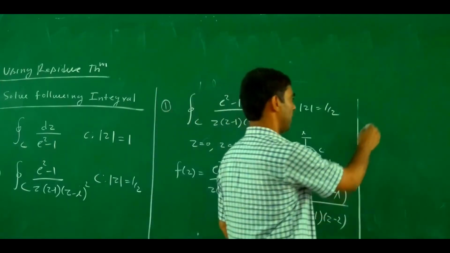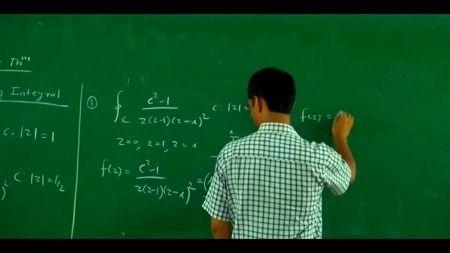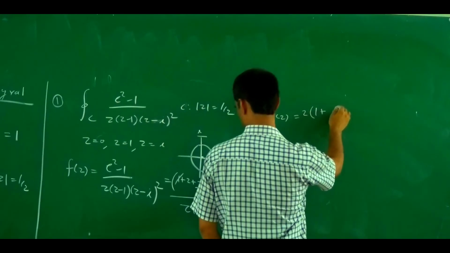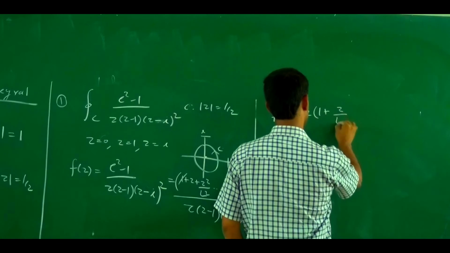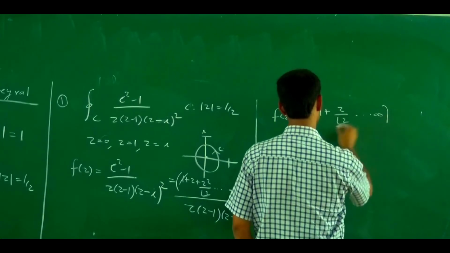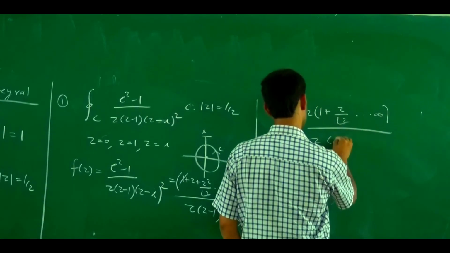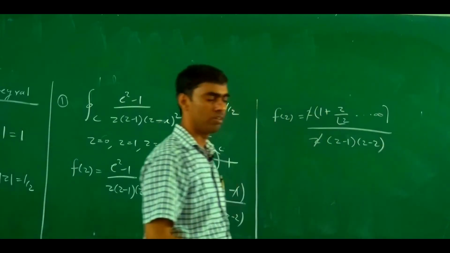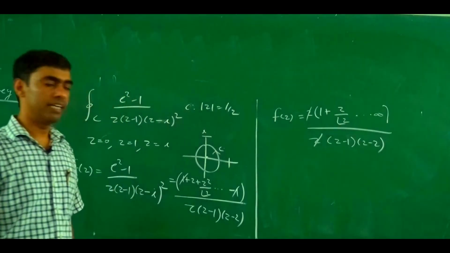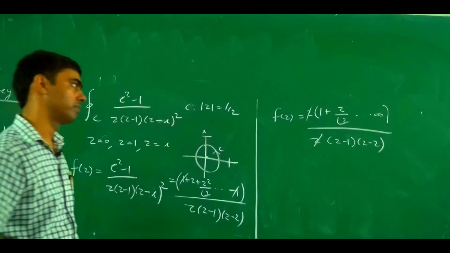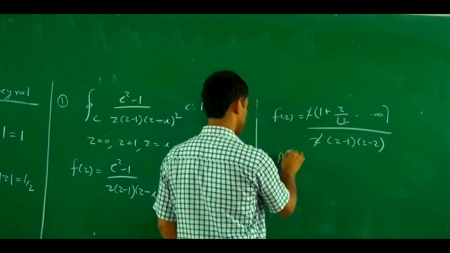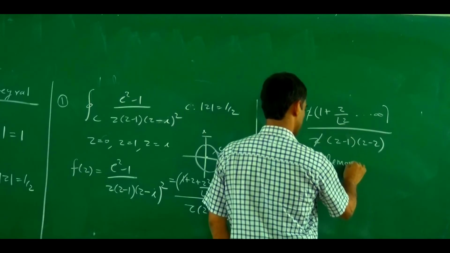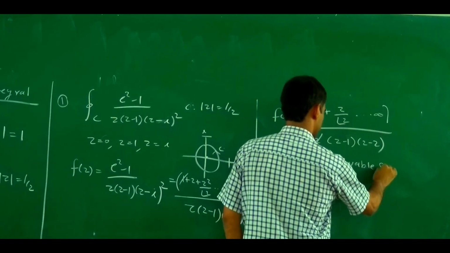So f(z) equals z outside, then this becomes 1 plus z upon factorial 2 and an infinite number of terms. In the denominator, z minus 1, z minus i, z cancels out. So what we predict here, at z equal to 0 there is a removable singularity.